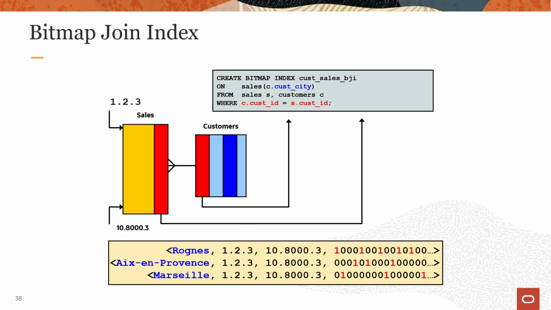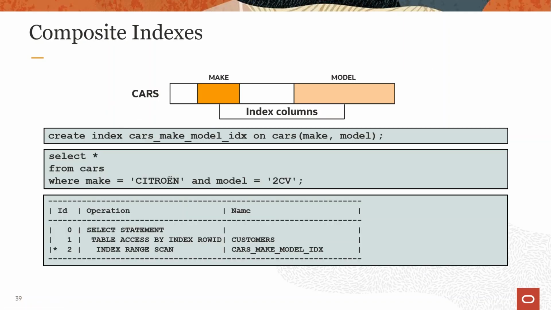In the first key in the slide, that's the key Ronje, the first row in the sales table corresponds to a product sold to a Ronje customer, whereas the second bit is not a product sold to a Ronje customer. By storing the result of a join, the join can be avoided completely for SQL statements that are using that bitmap join index.